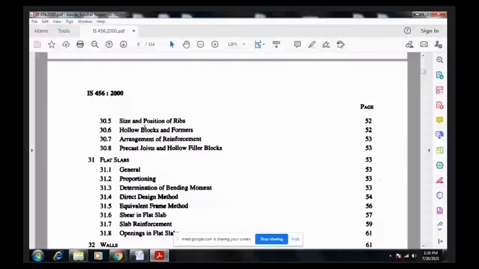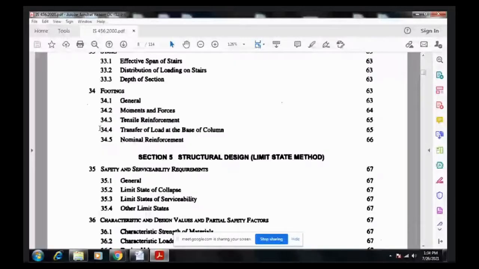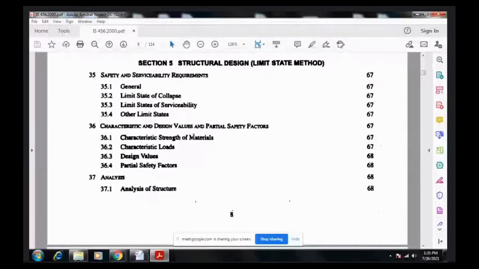Now, whatever we cover may be based on the elastic concept or on the limit state concept. These things will be discussed in detail.